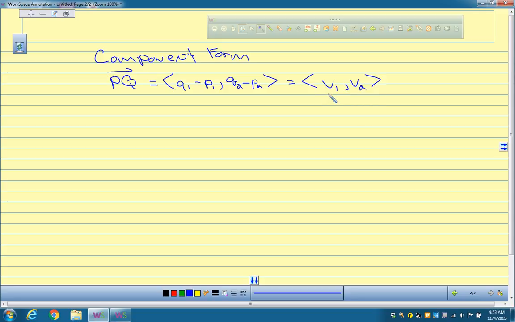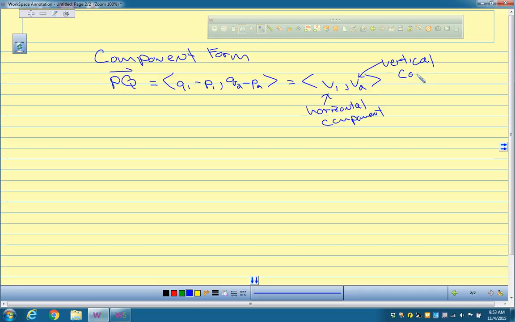And this is called the horizontal component, and this is called, guess what? The vertical component.